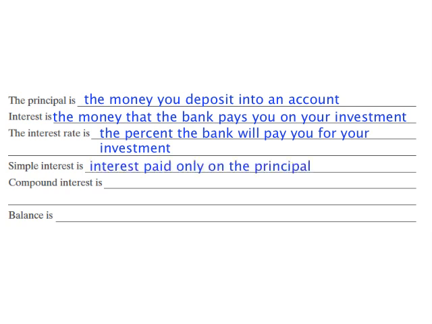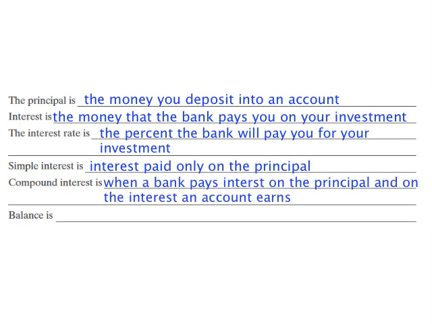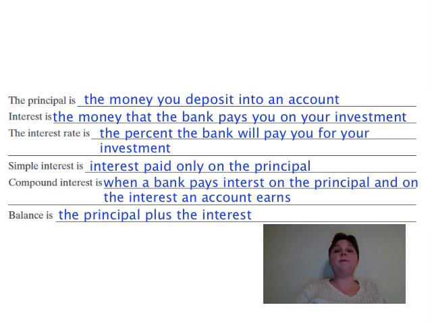Simple interest is interest paid only on the principal. Compound interest is when a bank pays interest on the principal and on the interest an account earns. Balance is the principal plus the interest. Pause the video if you need more time to copy down the notes.